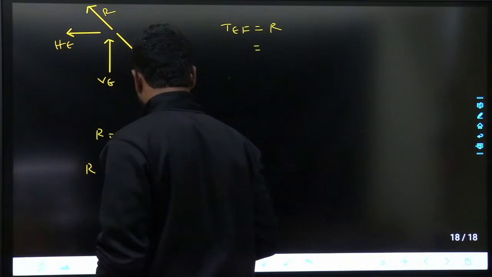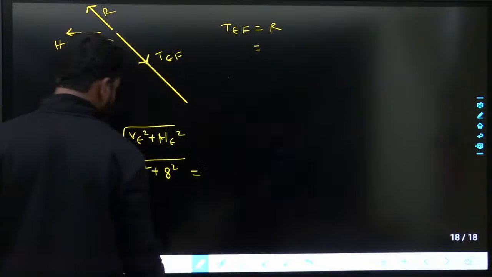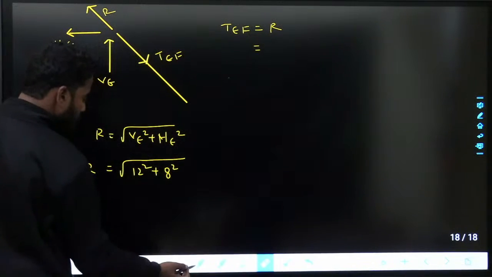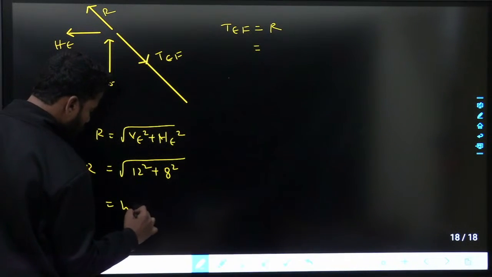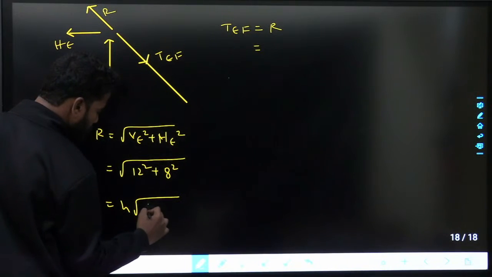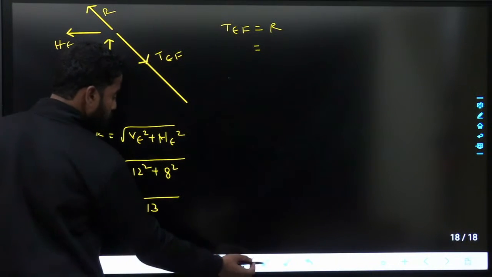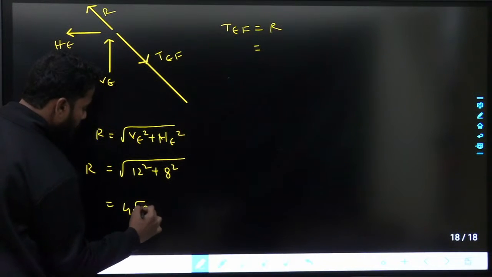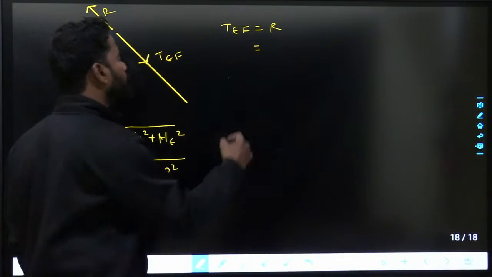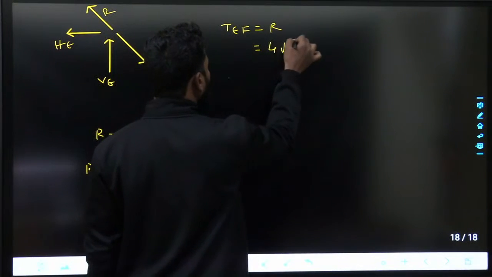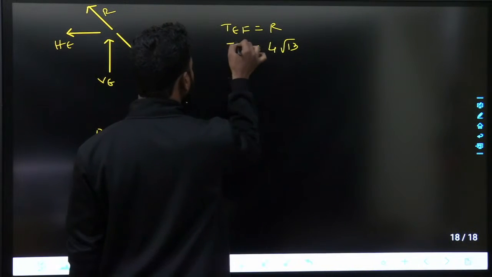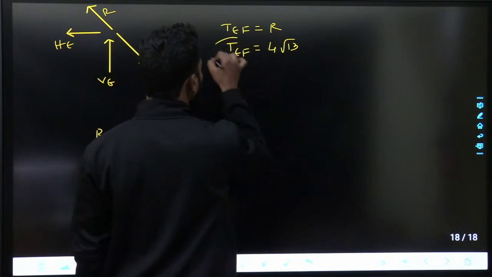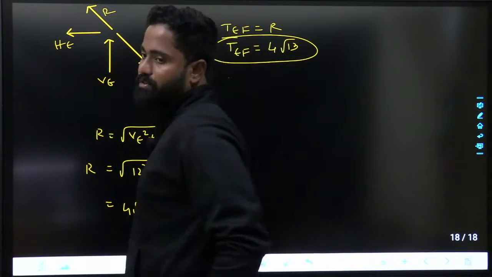So the resultant is under root of 12 square plus 8 square. 4 3s are 12, 4 2s are 8. If I take 4 common, under root of 9 plus 4, that is 13. So the resultant would be 4 root 13. This is how you find out: 4 root 13, that is the tension in EF.